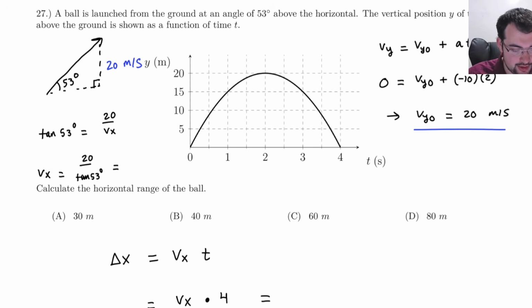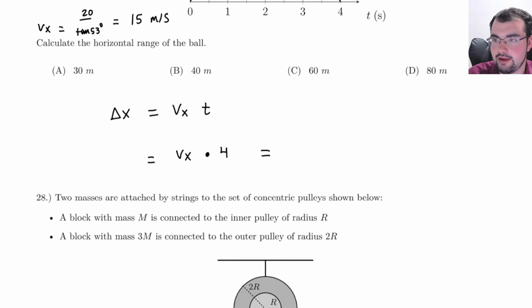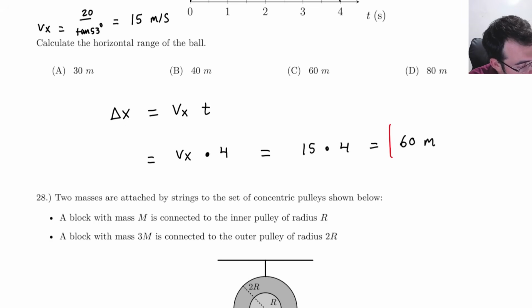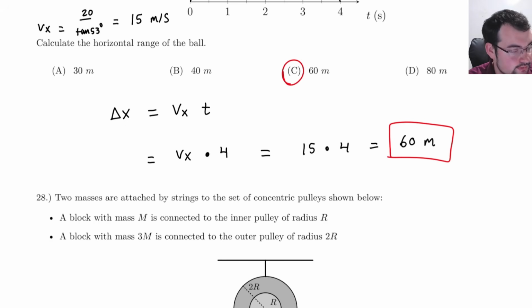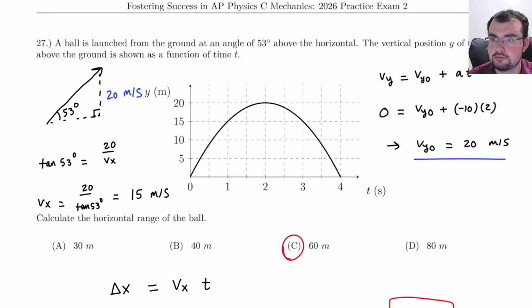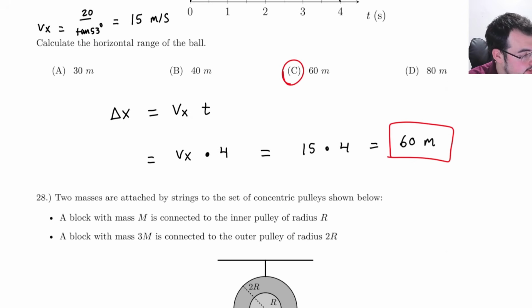Typing that into our calculator, tan 53 is going to be 4/3. So that makes 15 meters per second. It's also a 3-4-5 triangle. You could have done it that way. So this is 15 meters per second for 4 seconds, which is 60 meters. This was also 3-star because of the trigonometry step.